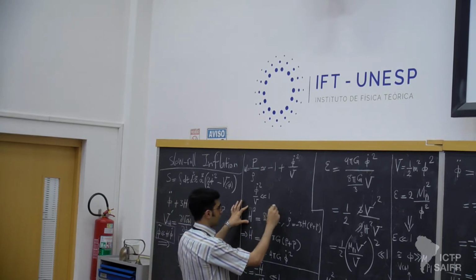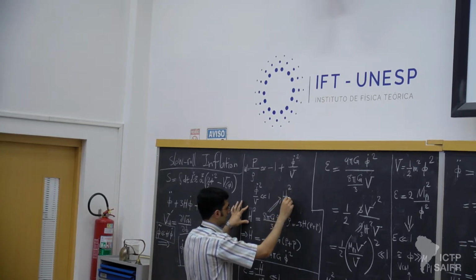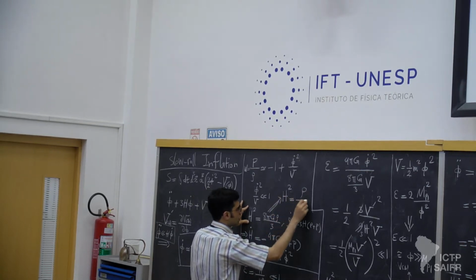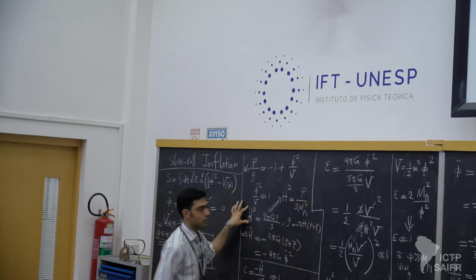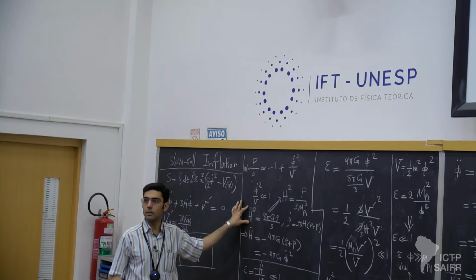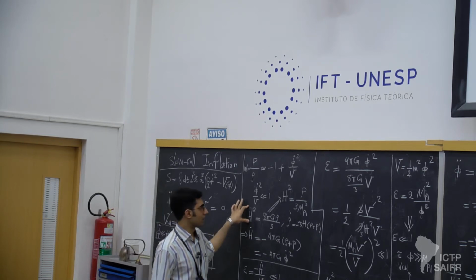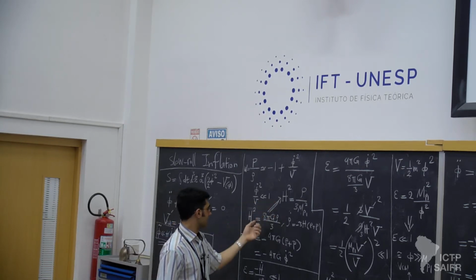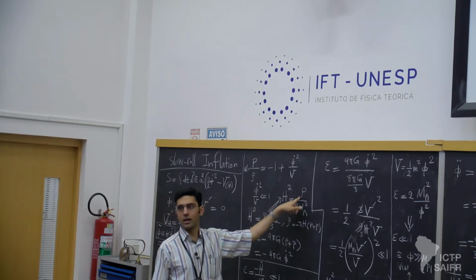So this equation can be written as h squared equals rho divided by 3 m Planck squared. Why should there be a relation between Planck mass and the expansion rate of the universe at that time? Well, there is a rho here, right?